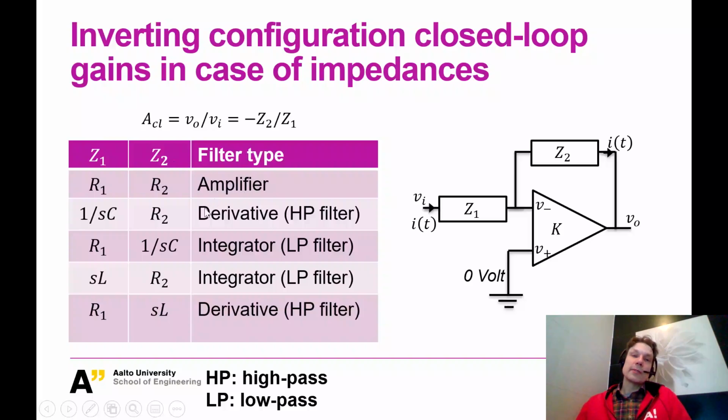And now we actually achieve a table. If we put a resistor in both impedances, we get an amplifier. If we want to get a derivative, we can put the capacitance in Z1, or if we want to get an integrator, we put inductance in Z1. And this is later used in the exercise. You are given a transfer function which you should achieve by using these tables.